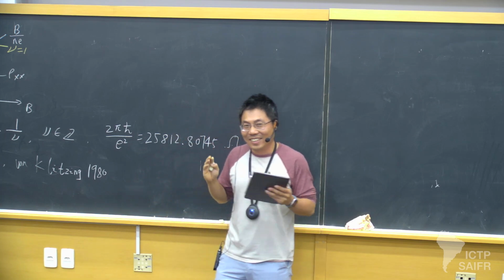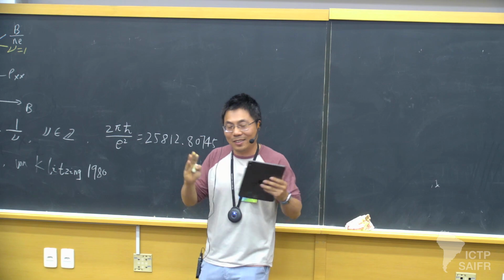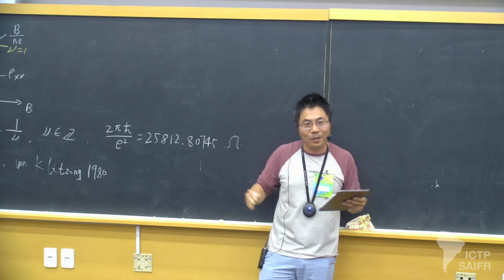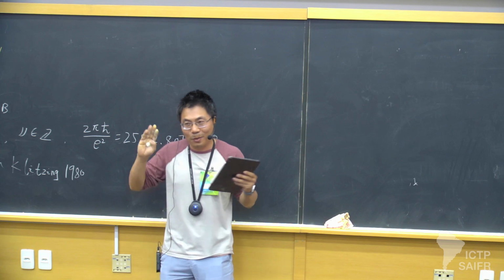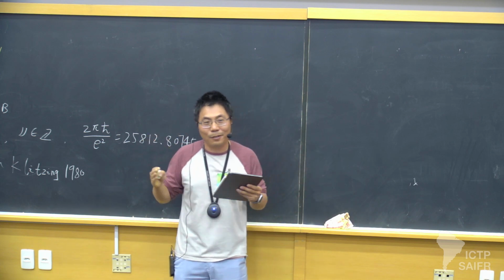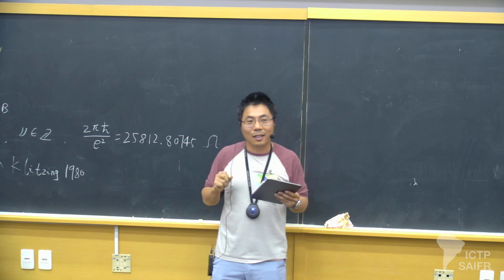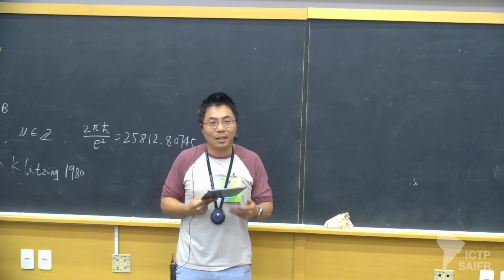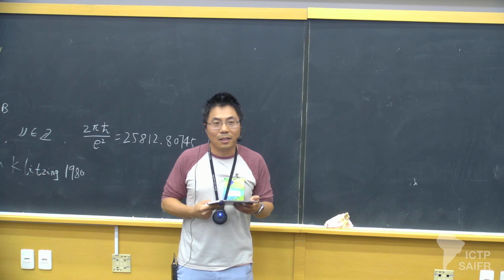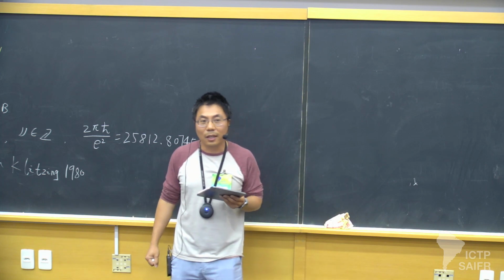It's a quantum phenomenon that happens macroscopically. You cannot really take h bar goes to 0 to recover the classical physics. It's a separate phenomenon. You can't derive the classical Hall effect from this quantum Hall effect. Yeah, it's different.